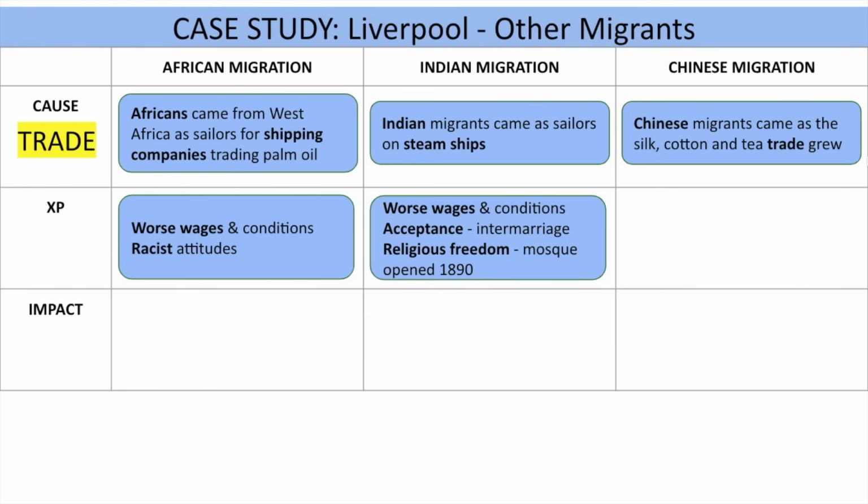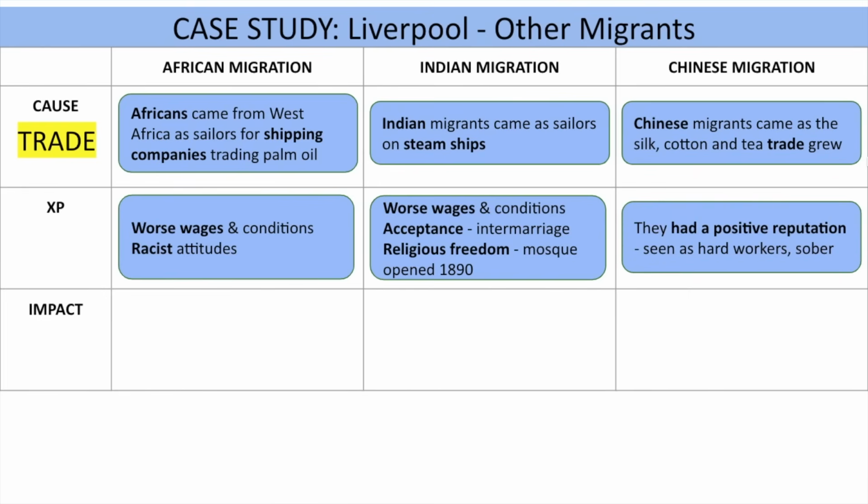Indian migrants again tended to have worse wages and conditions than white workers. We have some signs of acceptance, so we see examples of intermarriage where Indian people were marrying English people. We also see some evidence of religious freedom, so Liverpool has a mosque that opens in 1890, which shows that Muslims were able to freely practice their religion in Liverpool.